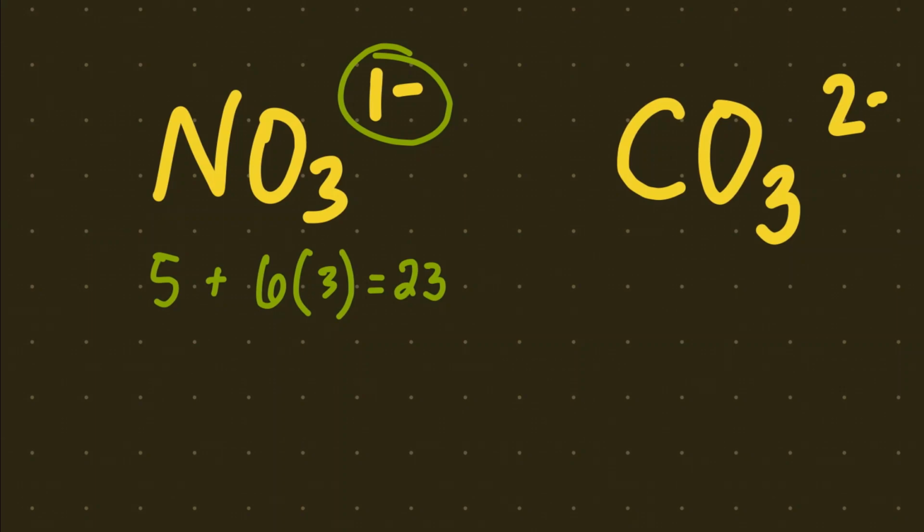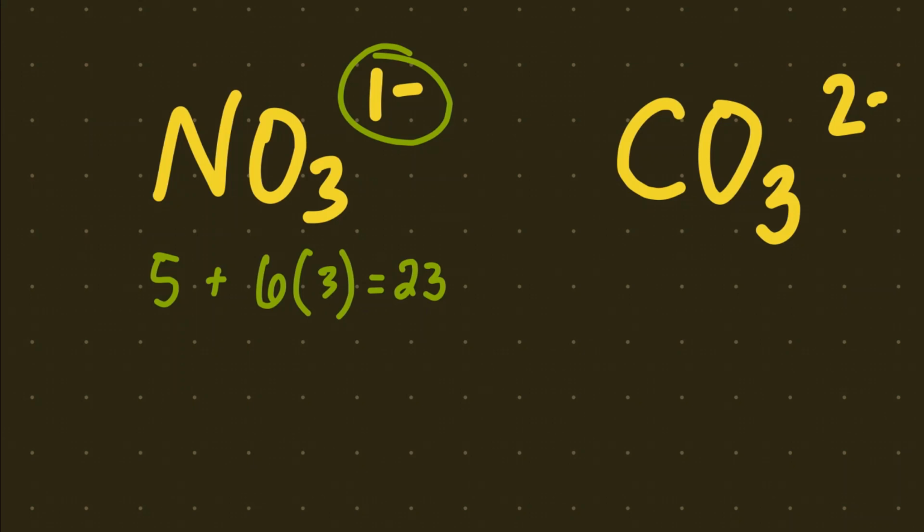Remember, friends, electrons have negative charges, right? And when we have an ion, if you're thinking back to our atomic structure notes from 2 weeks ago now, if we have a charge on an atom or on a molecule, that means that we have an uneven number of electrons and protons. So when we have an even number, that's a neutral charge, right? Because all of the protons and all of the electrons are canceling each other out.